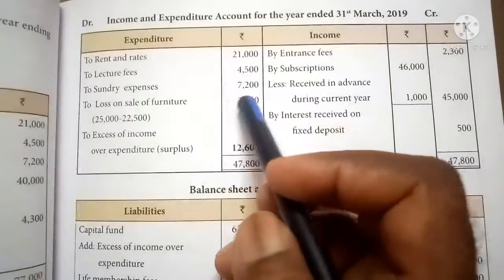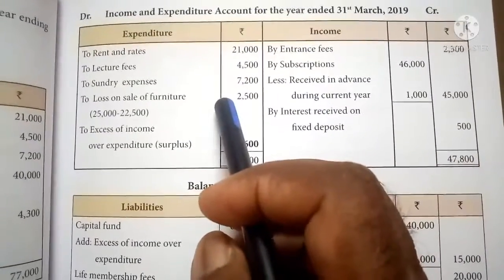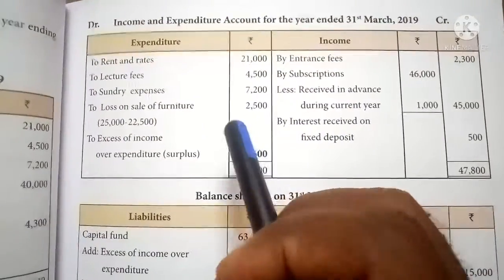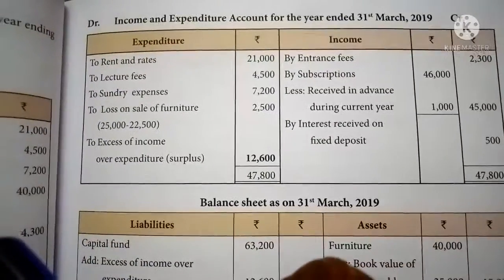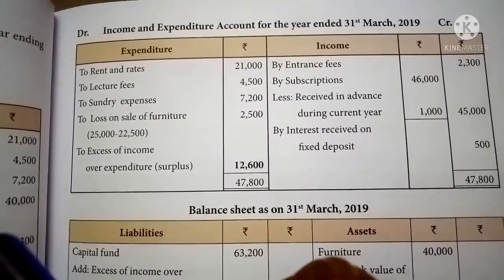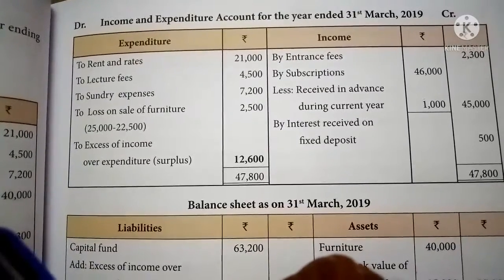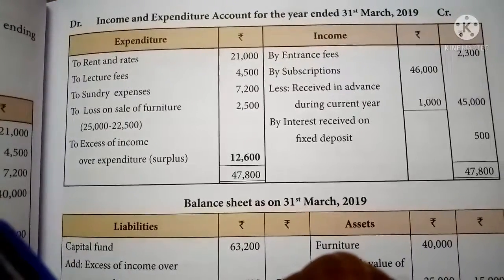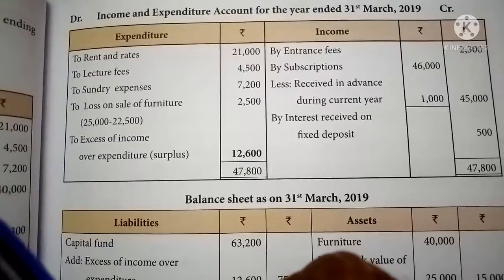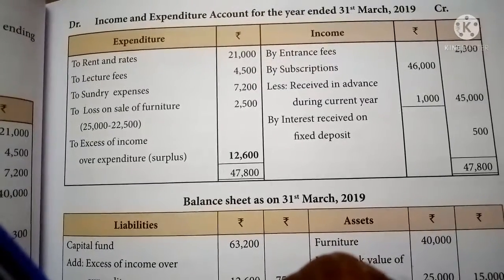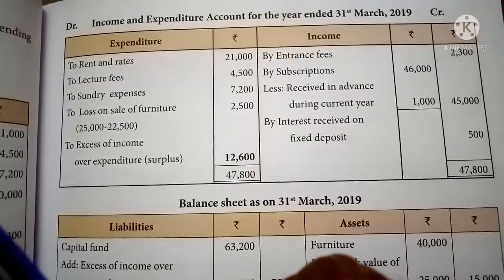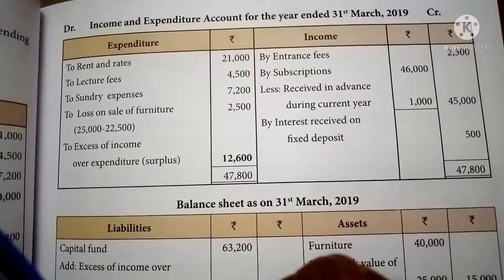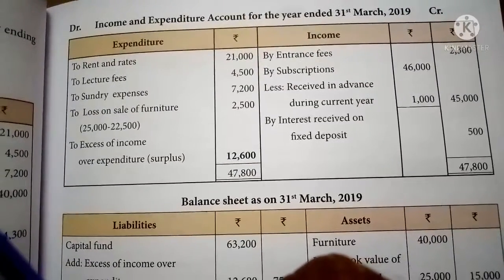So after writing all the revenue incomes and the revenue expenses in the income and expenditure account, now you can balance this account. While balancing this account, first you should add the debit total and then add the credit total, and find out the highest total. In the debit side, the total will be 35,200.